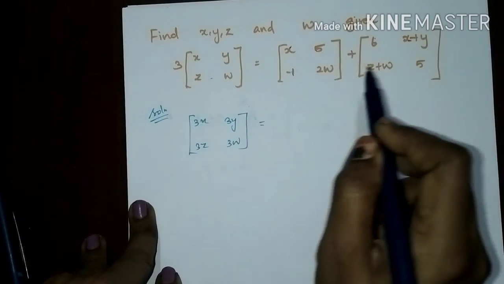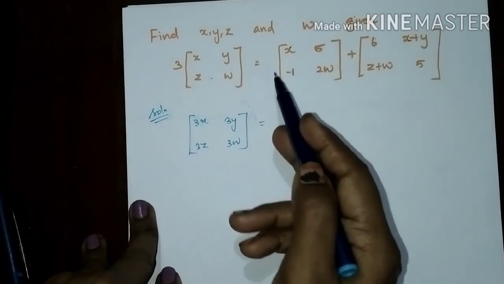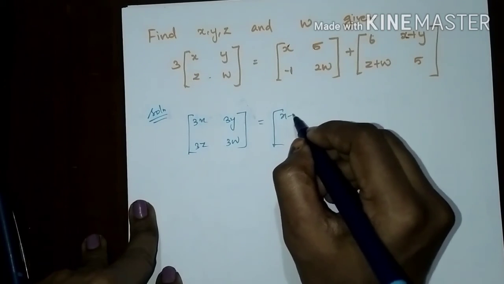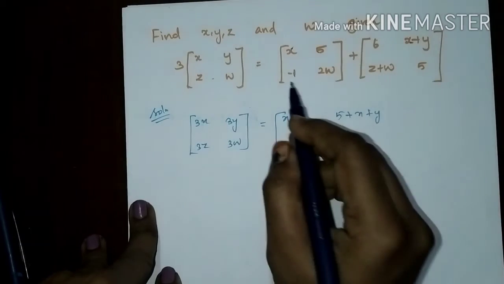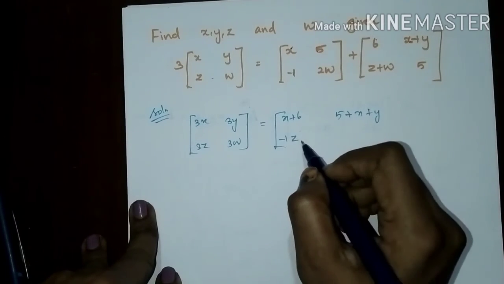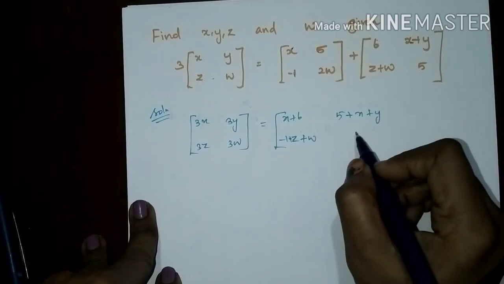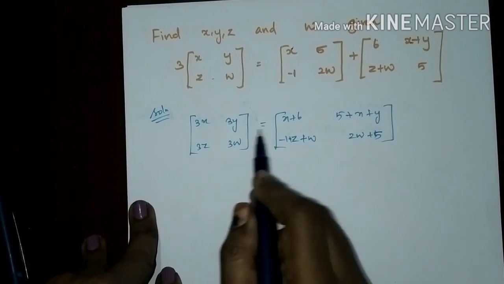For adding corresponding elements of two matrices, the first condition is the matrices must be of the same order. See, both are square matrices. So we can add the corresponding elements: x plus 6, 5 plus x, y minus 1, z minus 1 plus z plus w, and 2w plus y. So both are equal.